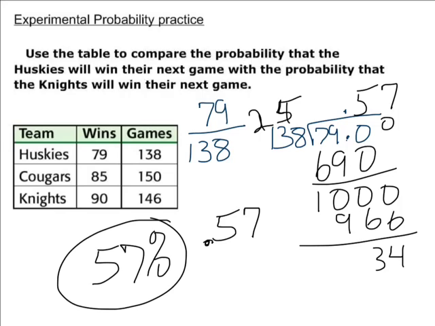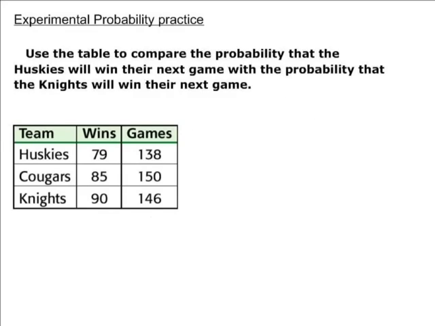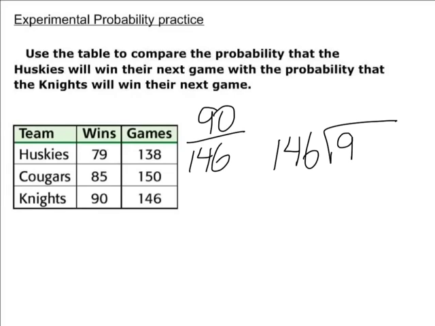And let's go ahead and compare that with the Knights, who have won 90 games out of 146. So we need to divide 146 into 90. Let's see, 146 into 900. I think I'm going to start with 6.